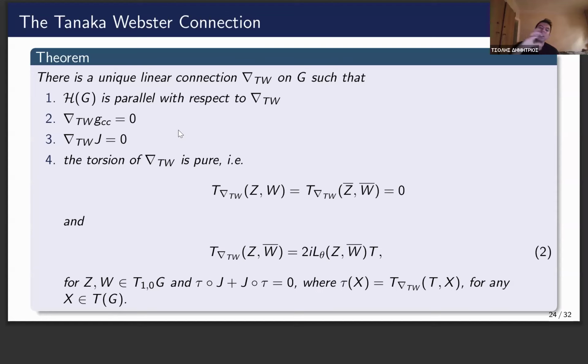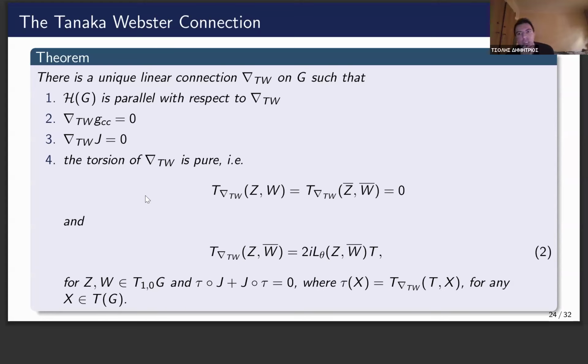This means that essentially the covariant derivative of any section of H belongs to a section of H. And we have here this compatibility condition with the metric, this is the Carnot-Carathéodory metric, and the compatibility condition with the CR structure.